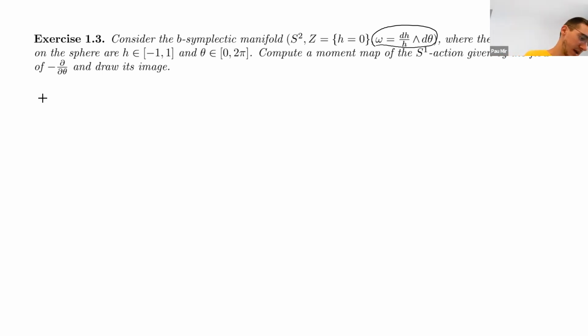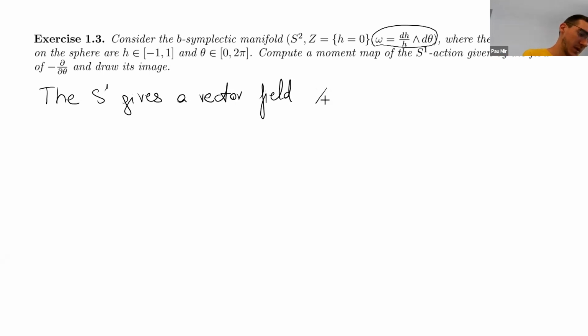So we have the flow. We will be considering the S1 action, which gives a vector field that we will call X, which in this case, well, this sign depends only on the direction of rotation, but it wouldn't matter if we did not take the sign.